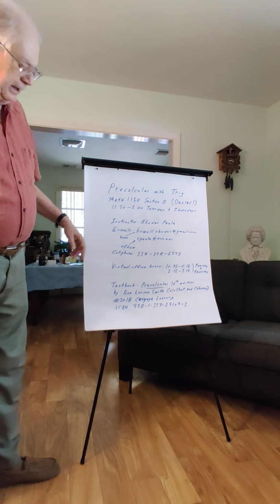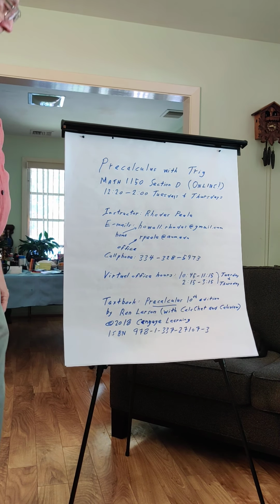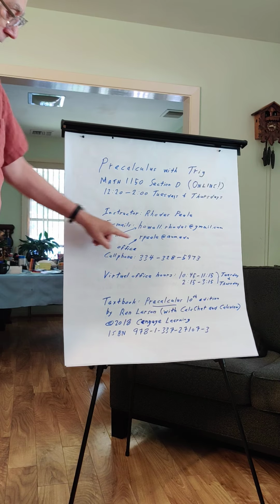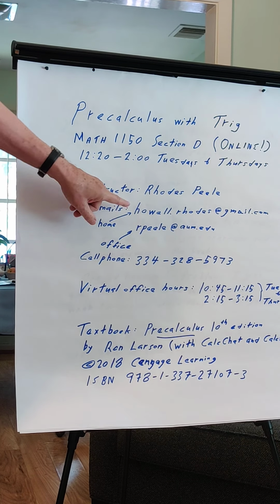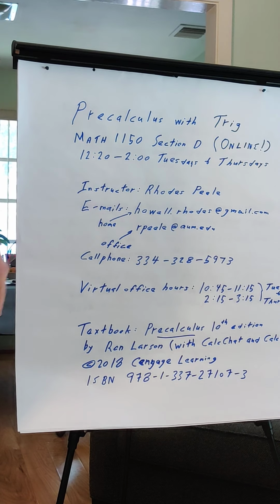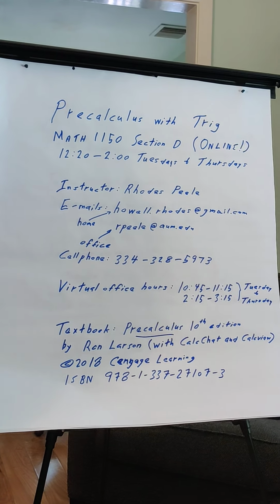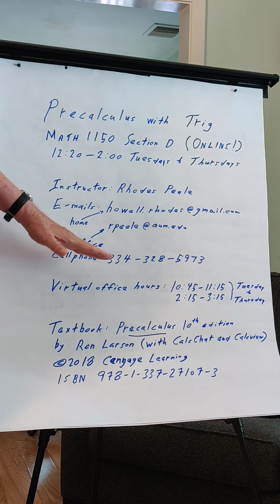Most of this material is available on your syllabus, but I'm going to go over it again. I have two e-addresses, a campus address and a home address. Either of them work, but it's better to use the home address because I'll likely respond to it sooner. I also have a cell phone. I don't have an AUM phone.